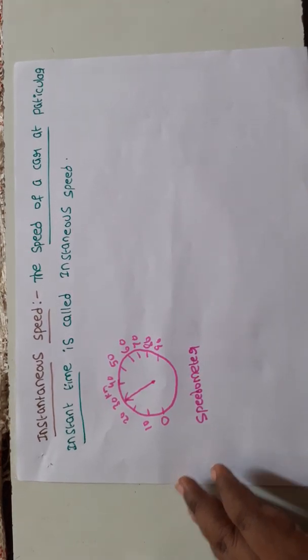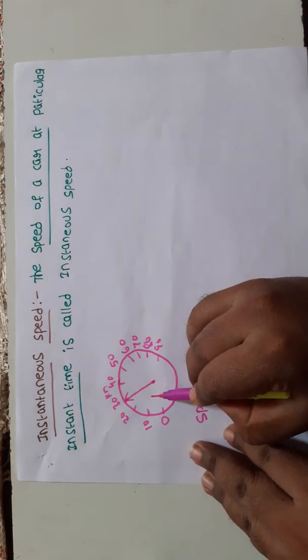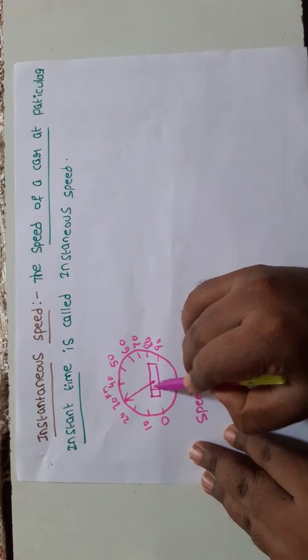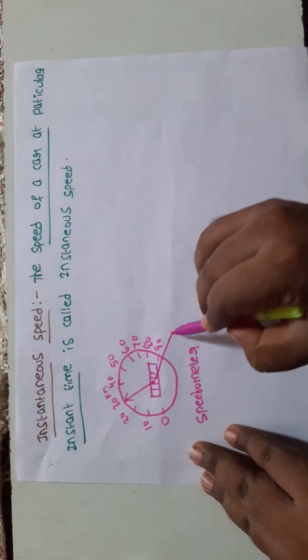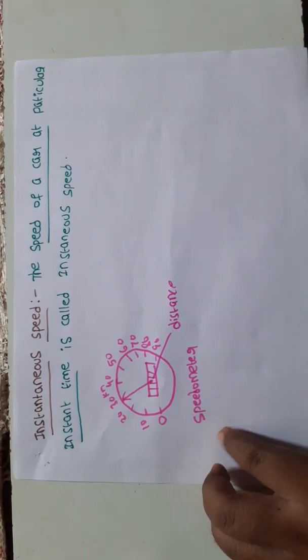Every vehicle has a speedometer. Next, how to measure the distance of a vehicle? Here there is one box, which shows the distance traveled by the vehicle.